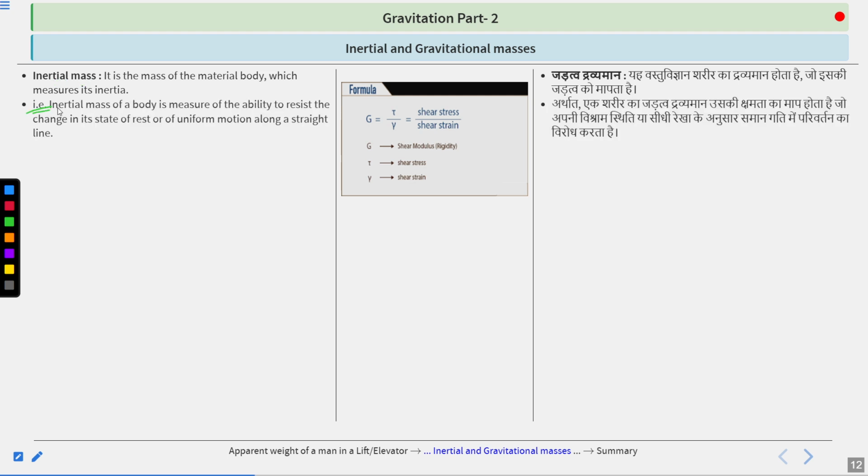Therefore, the inertial mass of a body is a measurement of the ability to resist the change in its state of rest or the state of uniform motion along a straight line.